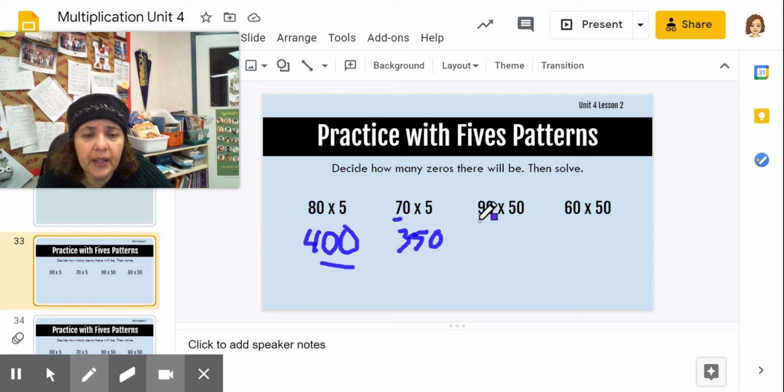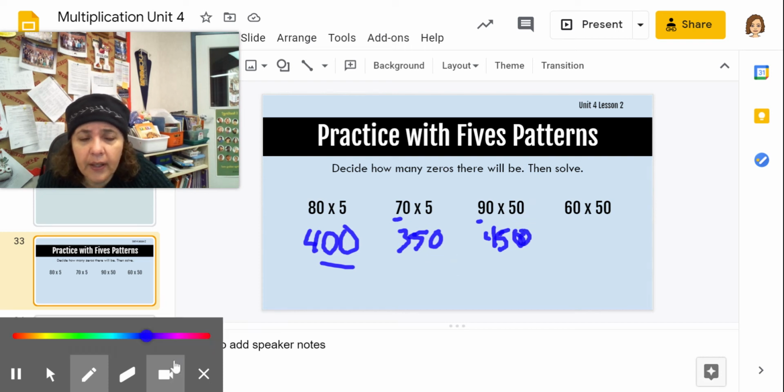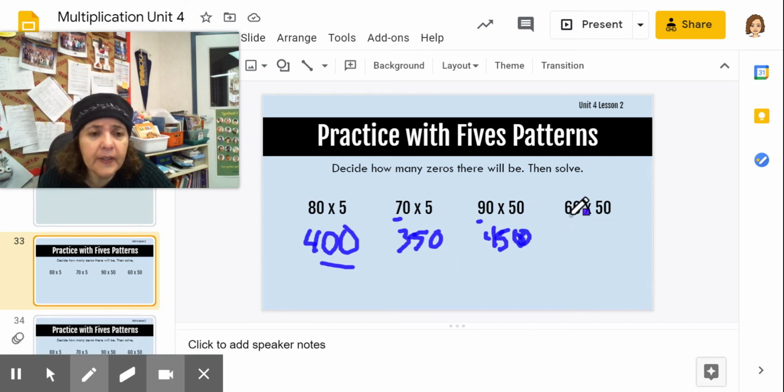So let's take a look at this one. Same thing. So 90 times 50, sorry. 9 is an odd number. So I know it's not going to end in a 0, so I'm not going to have to add an extra 0. So that means I only have 2 zeros, because 9 times 5 is 45. And then I got to add my 2 zeros. And then the next one, 60 times 50.